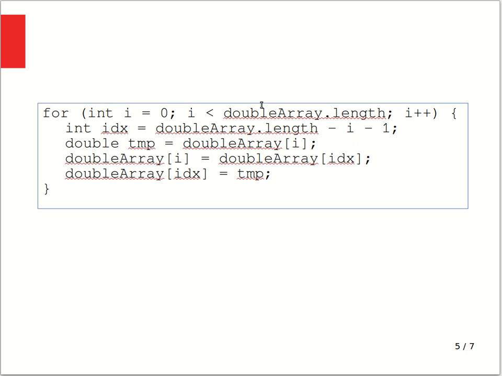So what I'm doing is swapping the value stored at index i with the value stored at the ith index from the end of the array. Basically I'm reversing all the values stored inside this double array. The first element becomes the last element, and the last element becomes the first element after the loop finishes.